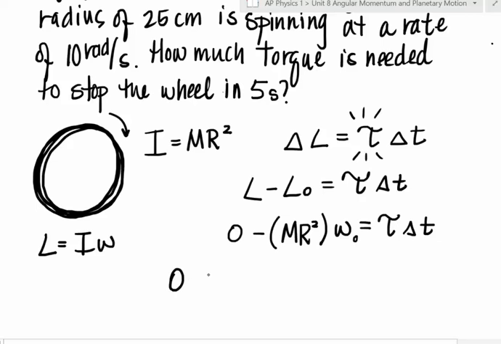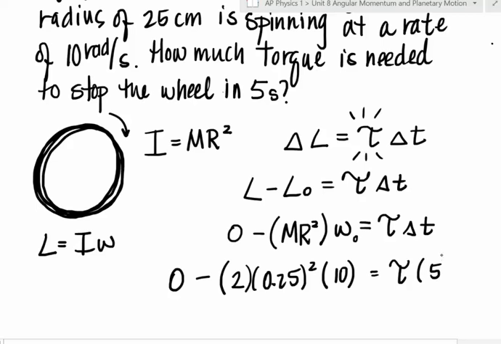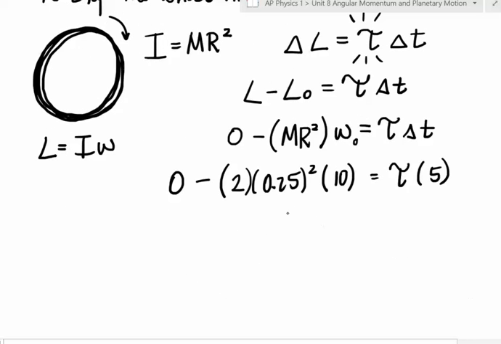So 0 minus, the mass of the wheel was 2 kilograms, our radius is 0.25 squared, and the angular speed was 10. Torque is unknown, but our time is 5 seconds. So, how much torque has to be applied to this wheel? All right, I got negative 0.25 newton meters.